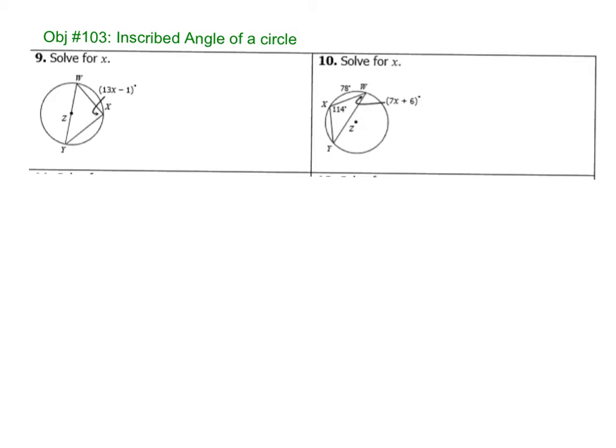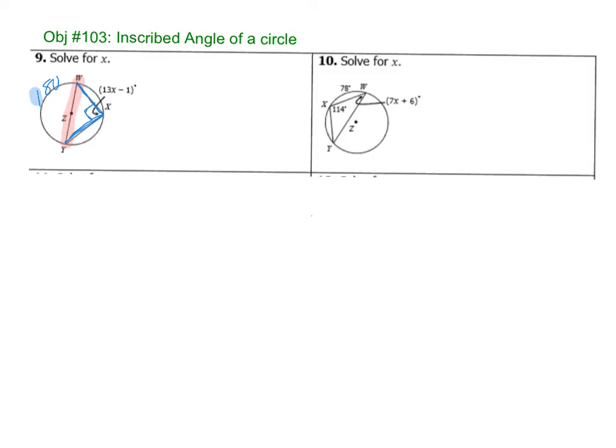All right, so now we're going to get into some other problems that involve solving with variables. So take a look at this one. We have, remember, a semicircle. When you have a semicircle, it's cutting it in half. Whoops, I forgot to change it to a pen. All right, 180. So that means this angle is what degree?